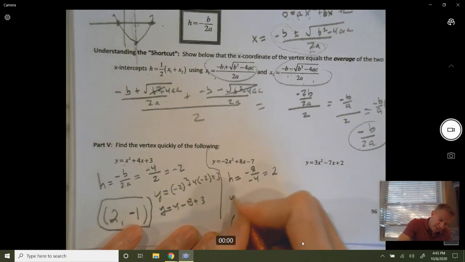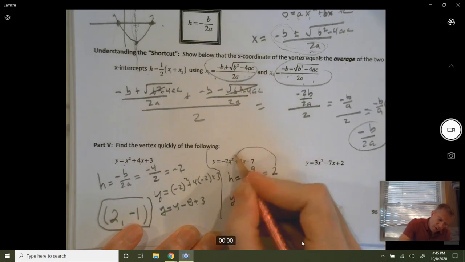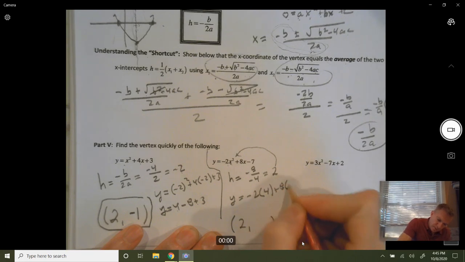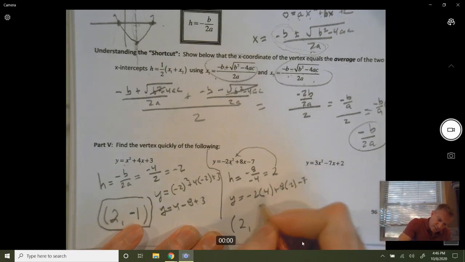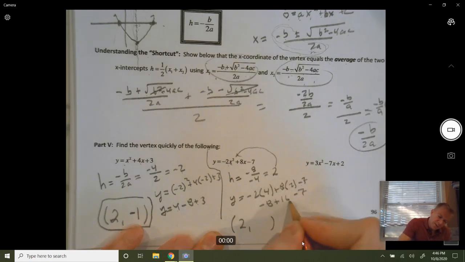My y is going to equal negative 2 times, plug in a 2 for x to find the y that goes with it. So 2 squared, 4 plus 8 times 2 minus 7. So negative 8 plus 16 minus 7. That gives me positive 8 minus 7 gives me 1.